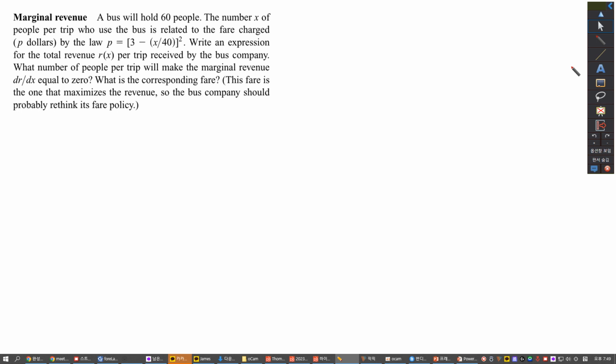So that means revenue is equal to P times X, and P is equal to this, 3 minus X over 40 squared.